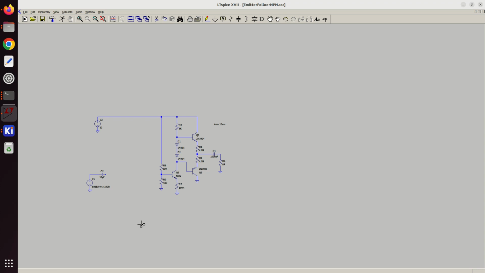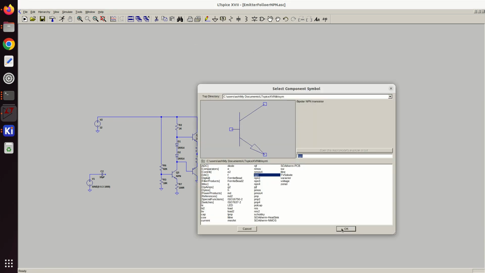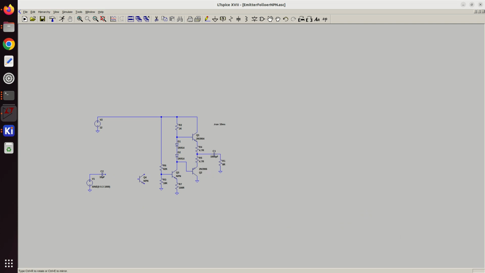Okay, so we put in another transistor, NPN. I'm sure there's better ways of doing this, but it works, so I'm going to continue with it. I'm going to put two resistors here.